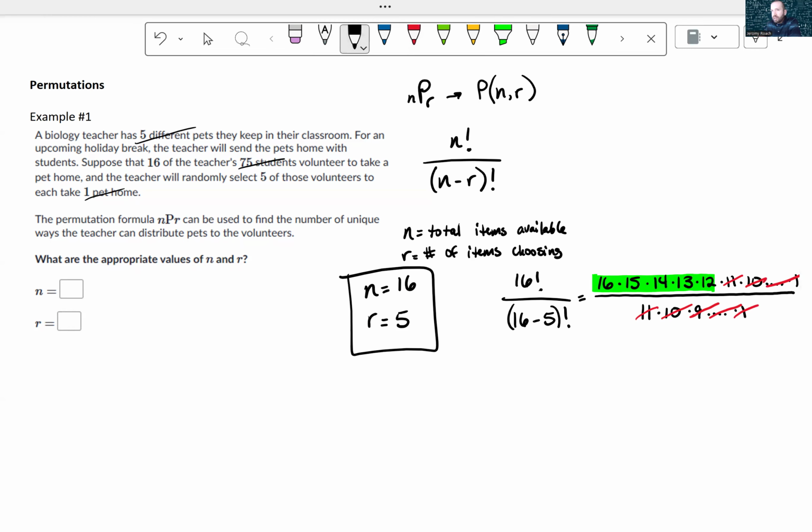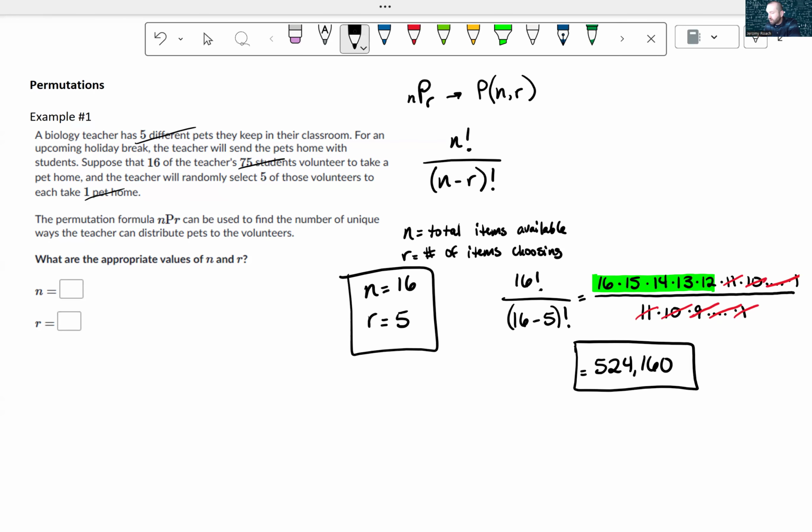And when we put that in the calculator, we should get 524,160. Okay, so that's how we calculate a permutation, but we'll look at some other examples too. I just wanted to show you what the factorial means and how we can cancel out those values with this formula.